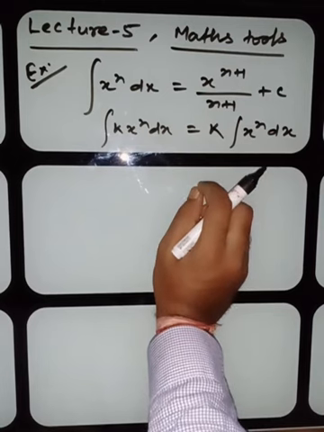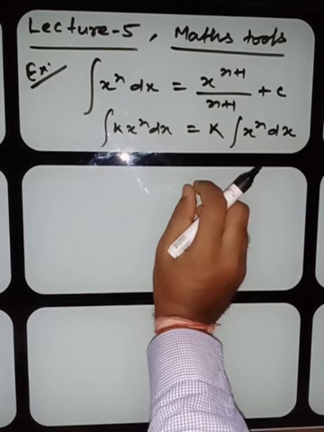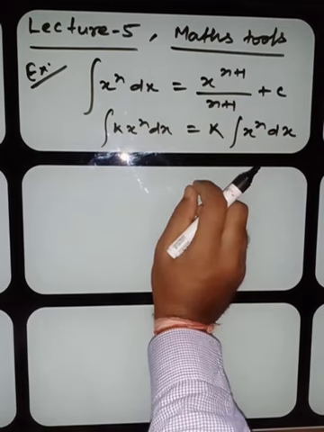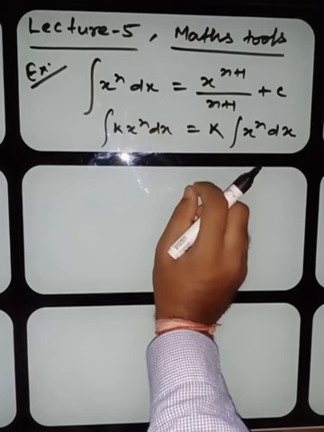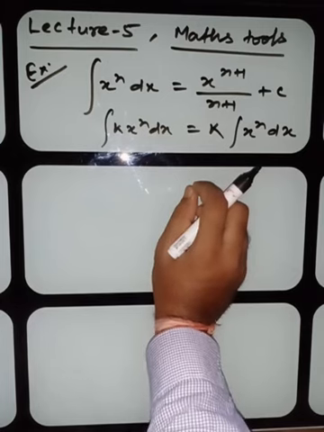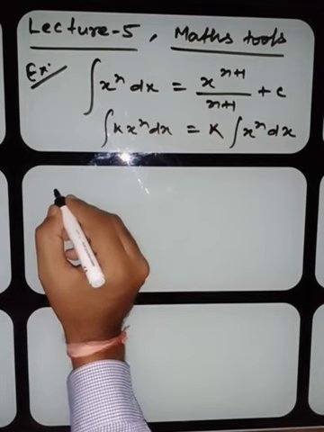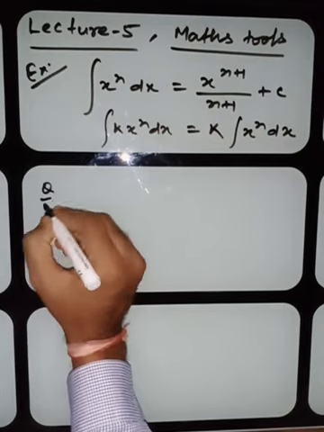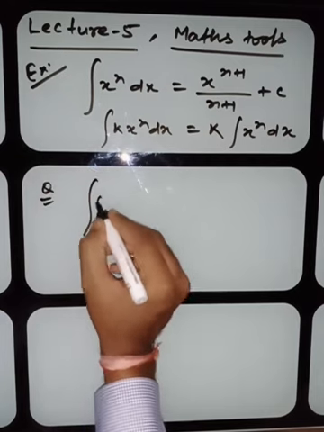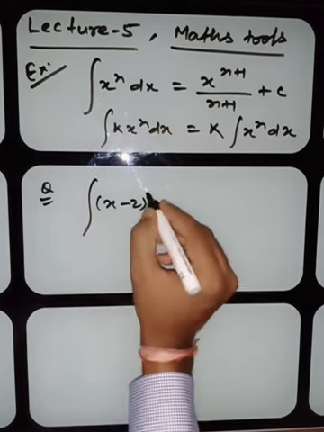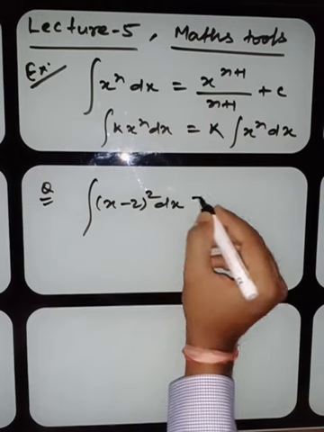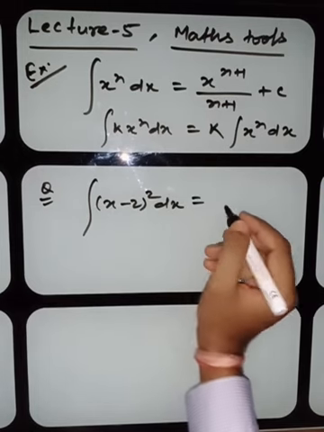One or two questions I will discuss, and then we will move to definite integration, which you will use in kinematics. Look here, my dear students. Question: integration of (x minus 2) whole square with dx.